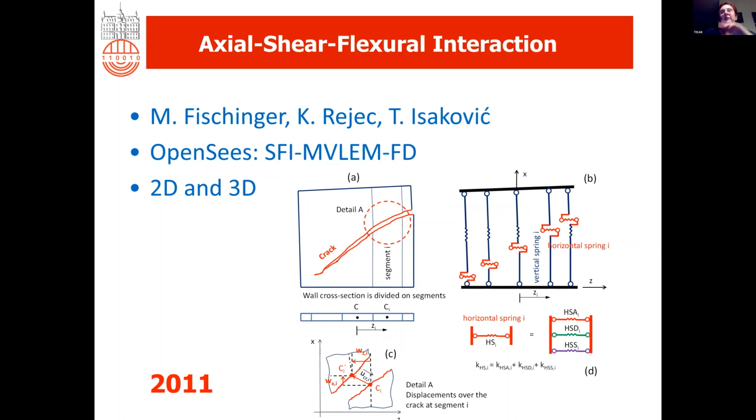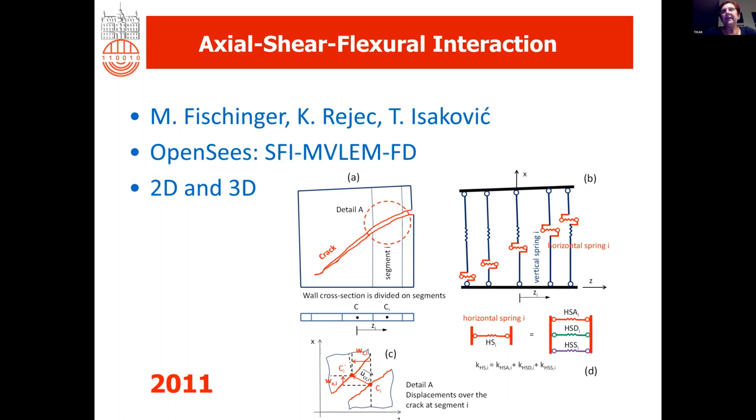The versions that I already mentioned before don't have a coupled flexure and shear response, and this last version enables this also, and 2D and 3D versions of this model are available.